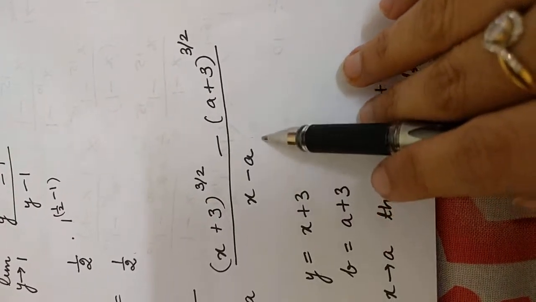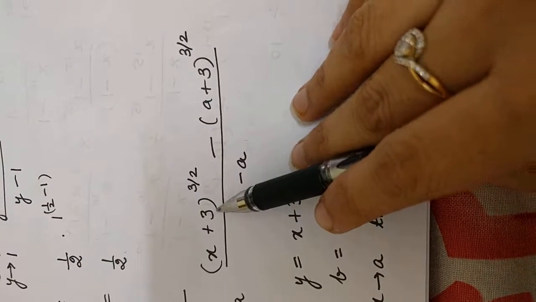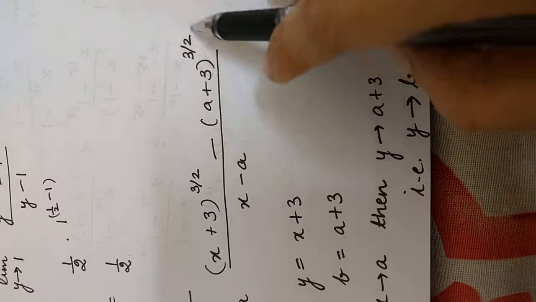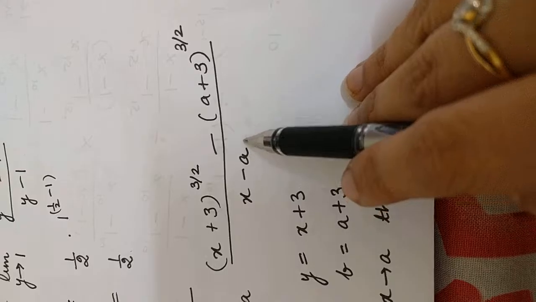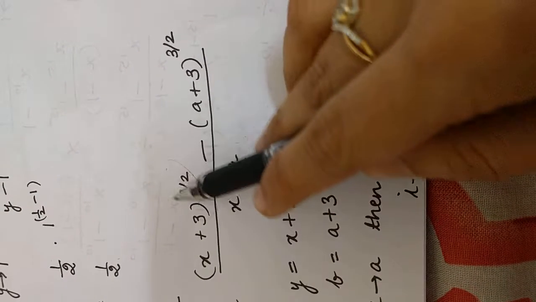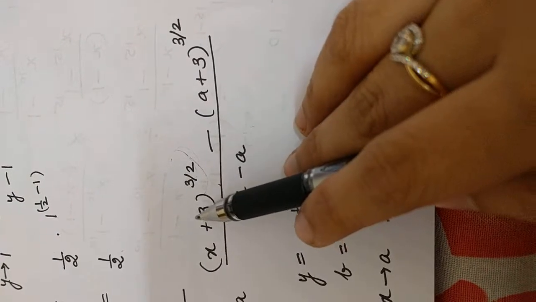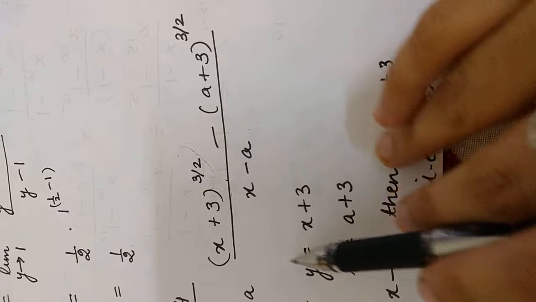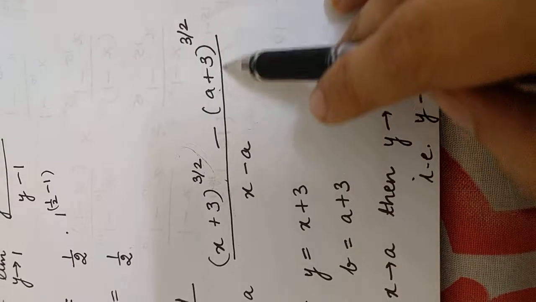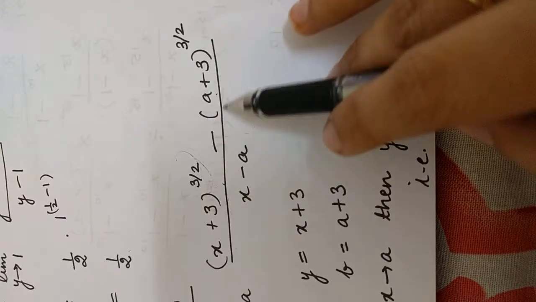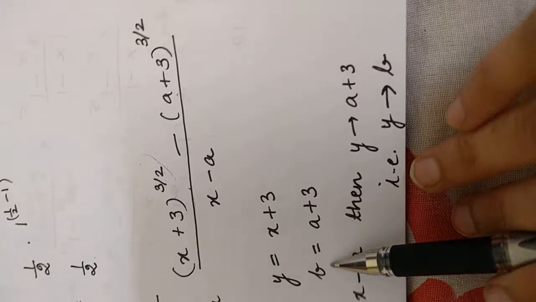Again we want to break it into x to the power of n minus a to the power of n upon x minus a. So we will convert x plus 3 into another variable y, and we will convert a plus 3 into another constant, say b.